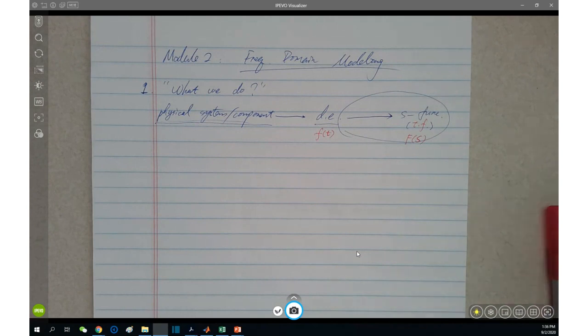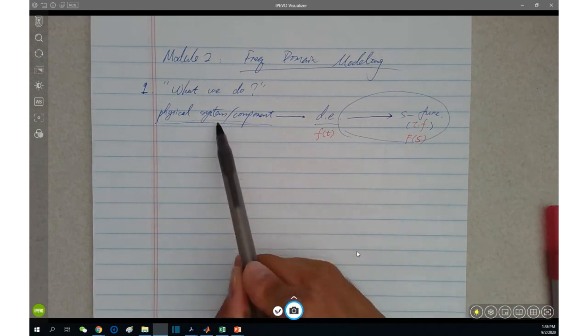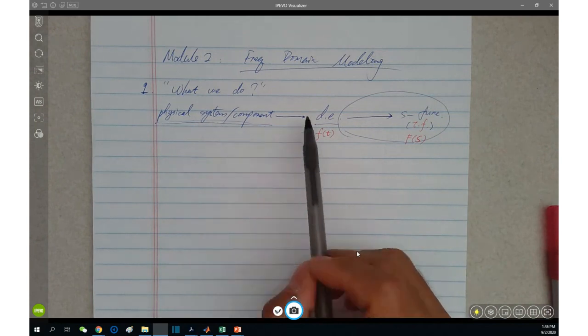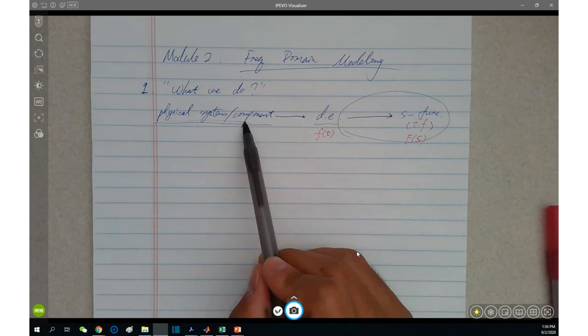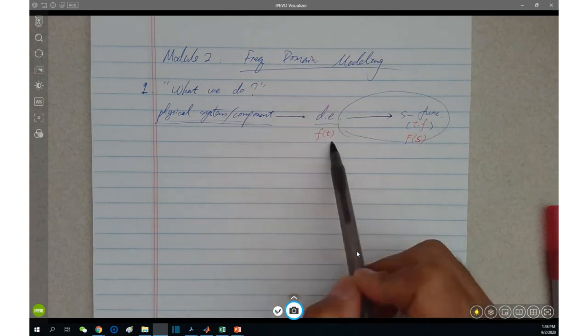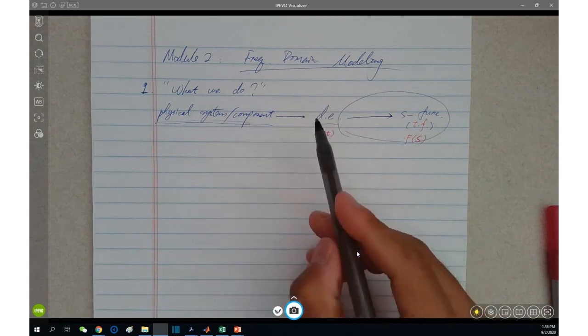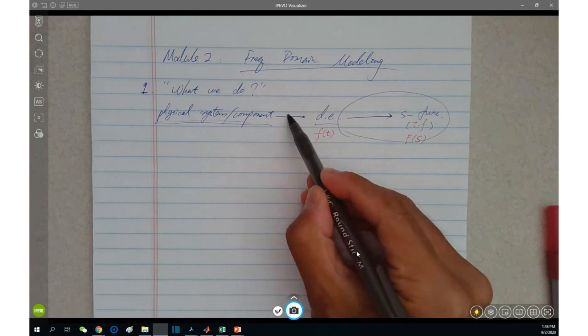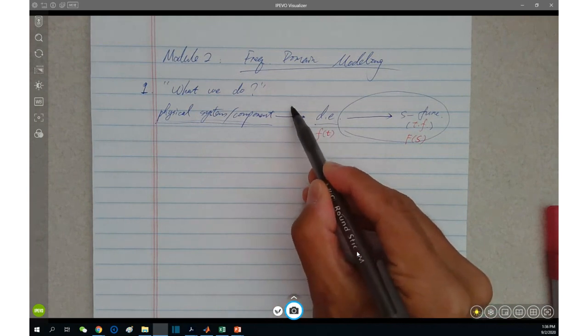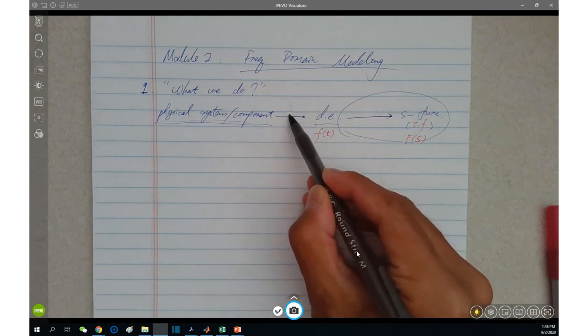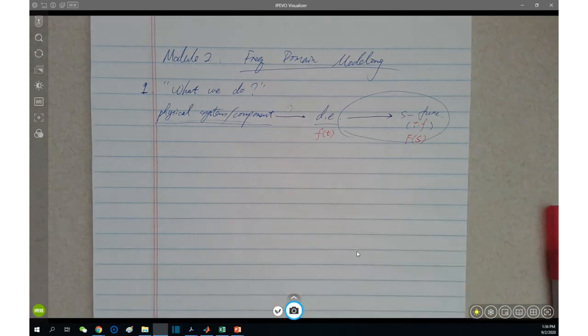Second thing is this. I'm changing my color. Let me ask you a question. From a given system or component, how do you come up with the differential equation? In other words, what's the medium you base on to come up with the differential equation?